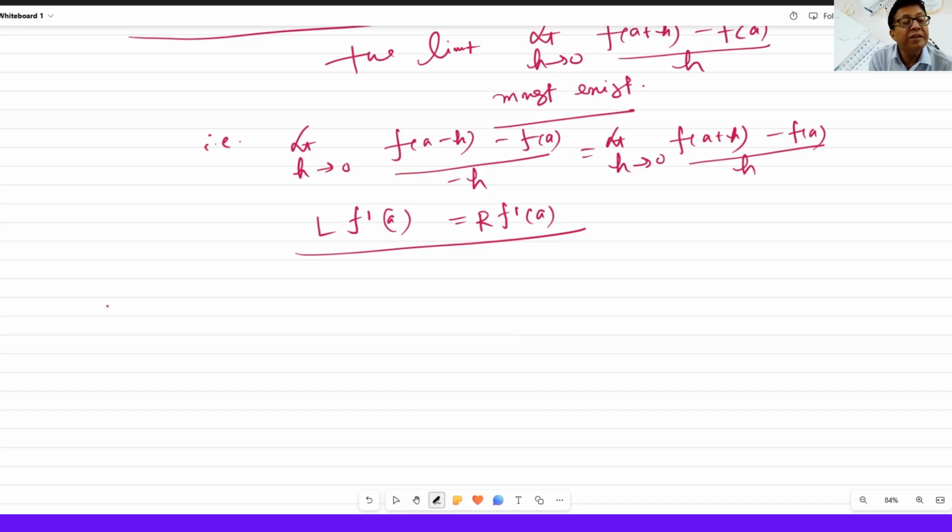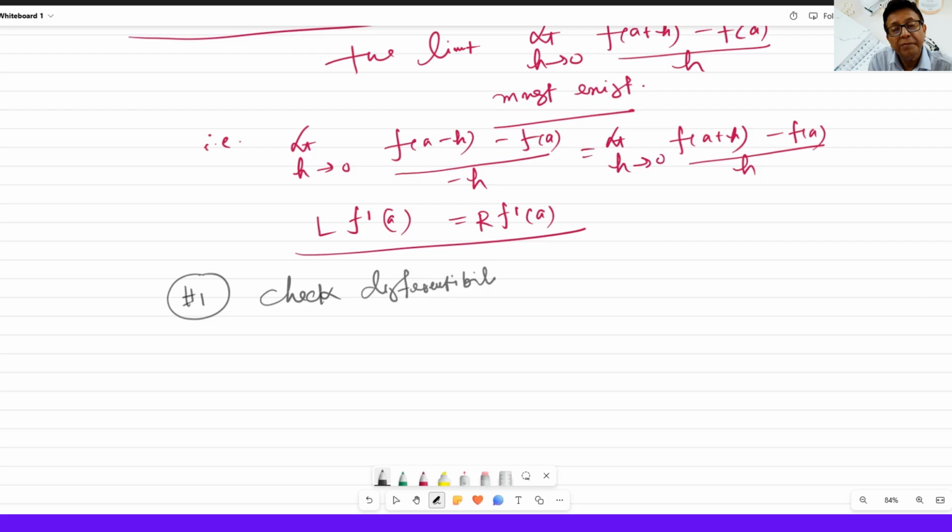Let us take a very common function. Check the differentiability, just by this definition, of f(x) equal to mod x minus 1 at x equal to 1.